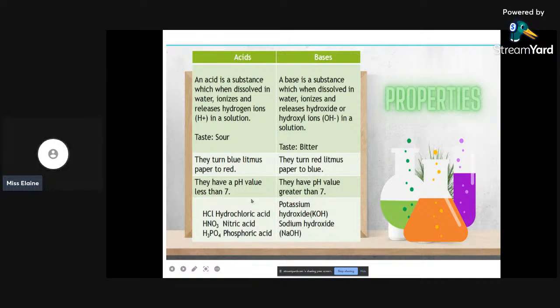So these are some examples of acid and these are some examples of bases. Always remember when we say acid, nasa unahan ang hydrogen. When we say bases, always may OH. Okay, remember that.